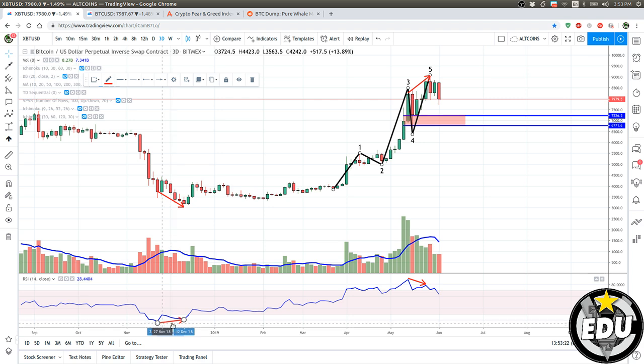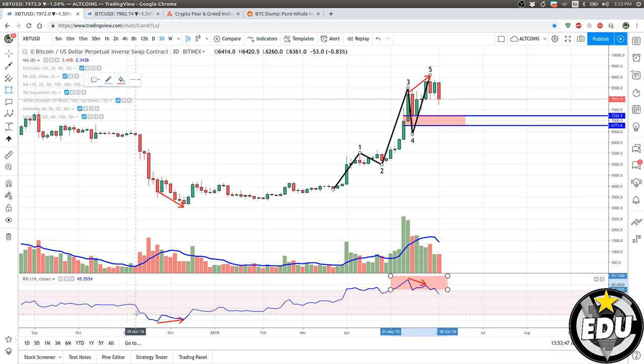Remember, when tracing a bullish divergence, you gotta trace the lows, both price and oscillators. When tracing a bearish divergence, you trace the highs. Okay, and those regular divergences happen in the overbought or oversold level.